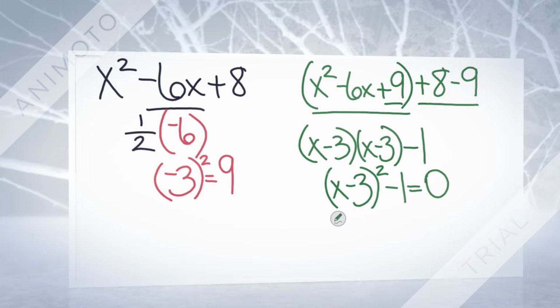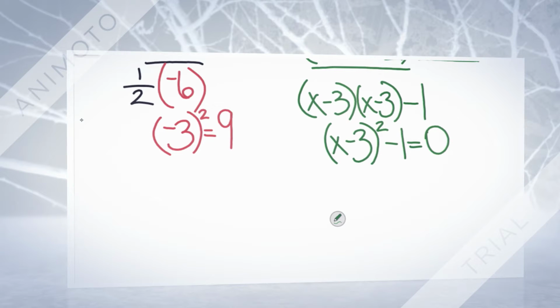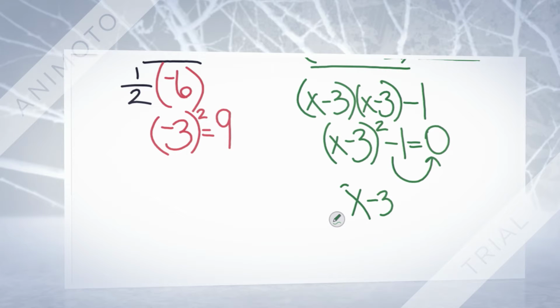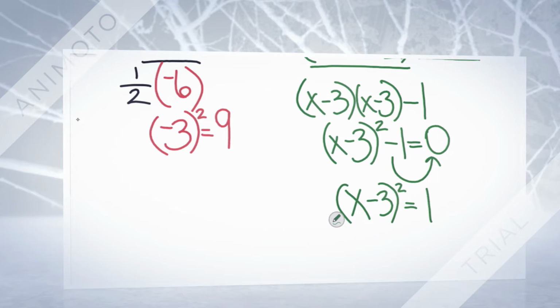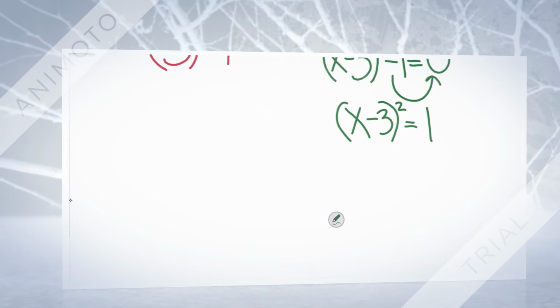So after that, you're going to go ahead and move your 1 over to this side. So you've got x minus 3 squared equals 1. So from here, the whole reason we complete the square is so that we can take the square root.